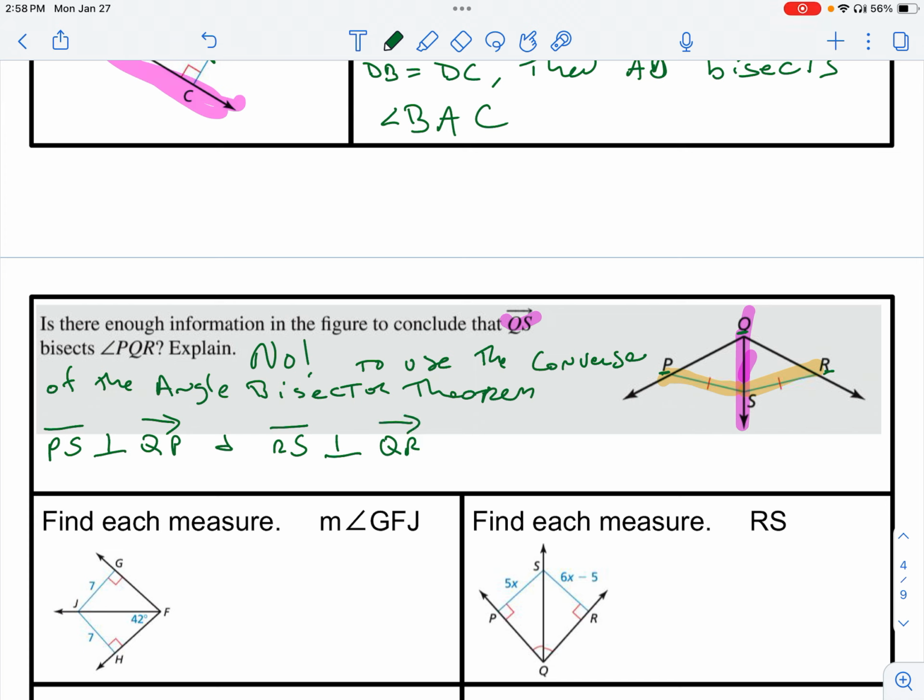So PS being perpendicular to QP and RS being perpendicular to QR must be true.